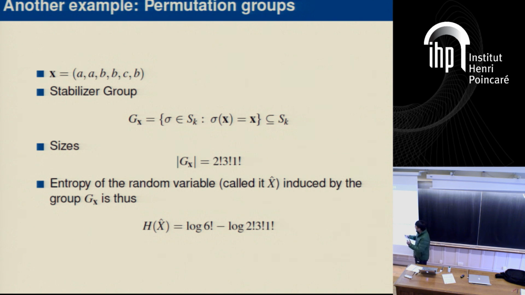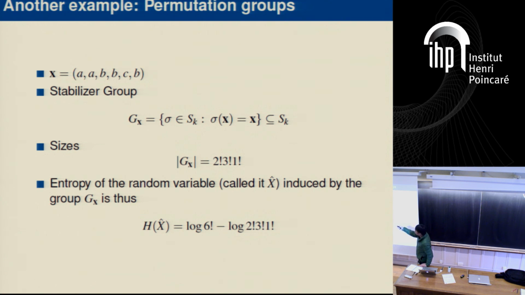And let's say you want to ask, how big is this group? If you look at the sequence itself, you can immediately see the size of this group. How do you see it? So there are 2 As, 3 Bs, and 1 C here. In order to make sure that after the permutation the sequence will be unchanged, you can only swap positions between the same symbols.